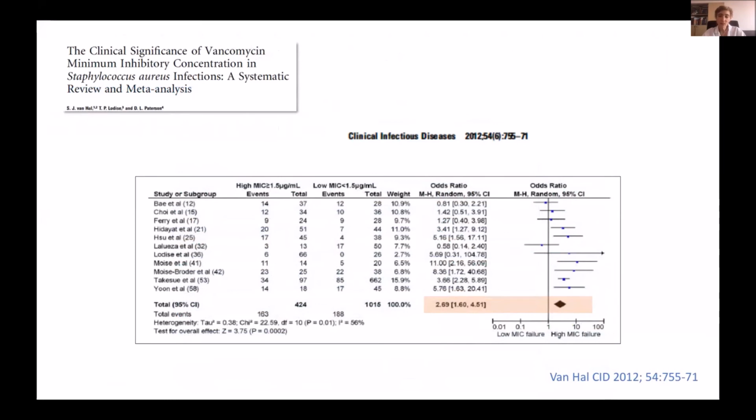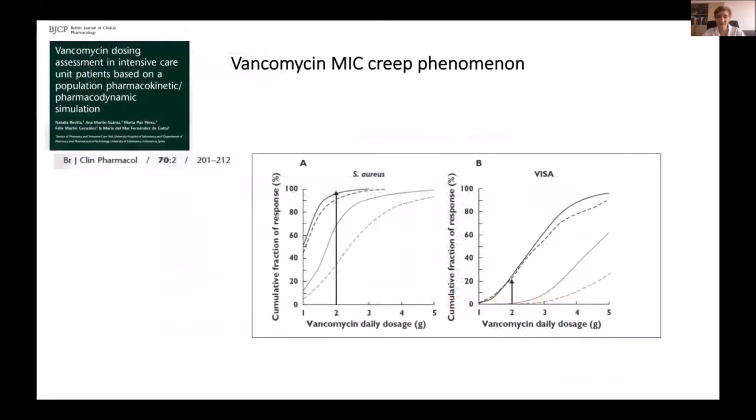So this is quite challenging for beta-lactams. It's also challenging for other drugs, and you have here as an example vancomycin and Staphylococcus aureus. We also know that strains with higher MIC can be very challenging. In this meta-analysis, we can see higher mortality and a higher failure rate in patients with strains with high MIC.